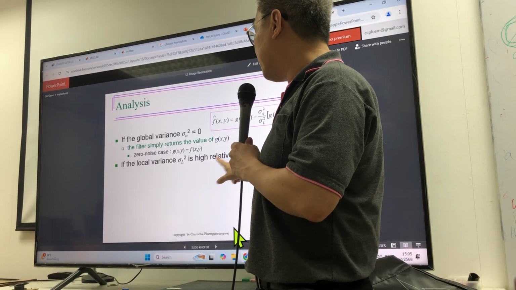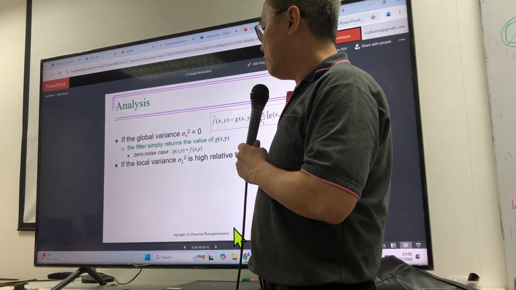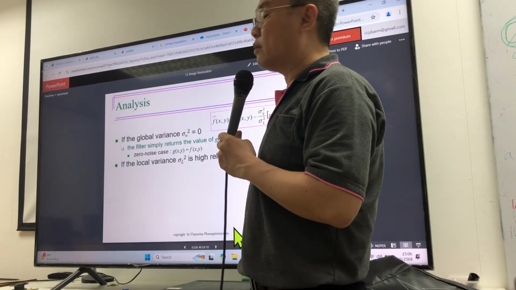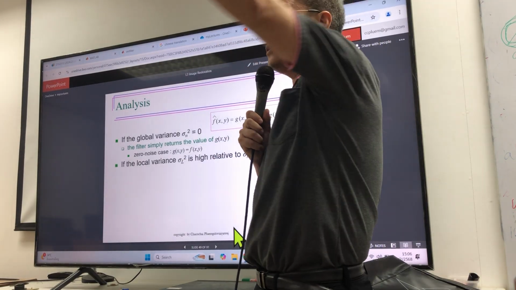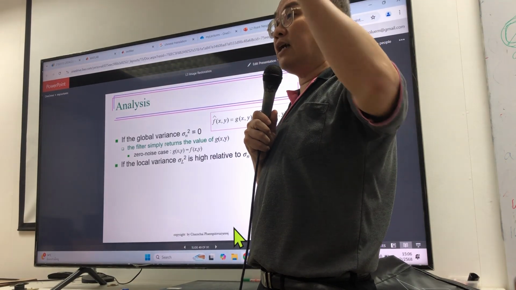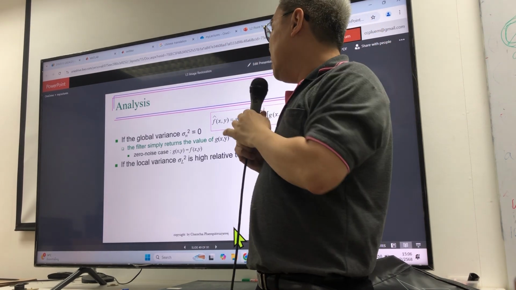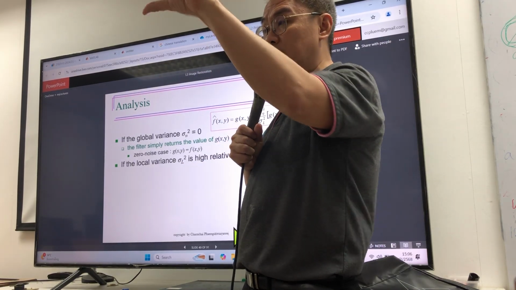However, if the local variance is high relative to the global variance, what happens? Remember, the global variance is the variance of the whole image. It can represent the variance of the noise. Local variance means within the window, the variance of the window.